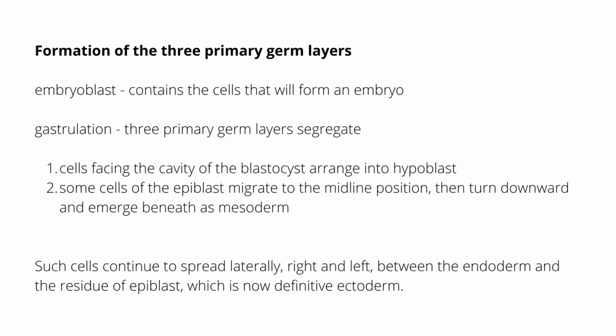In this second phase of gastrulation, some cells of the epiblast migrate to the midline position, then turn downward and emerge beneath, as mesoderm. Such cells continue to spread laterally, left and right, between the endoderm and the residue of epiblast, which is now definitive ectoderm.